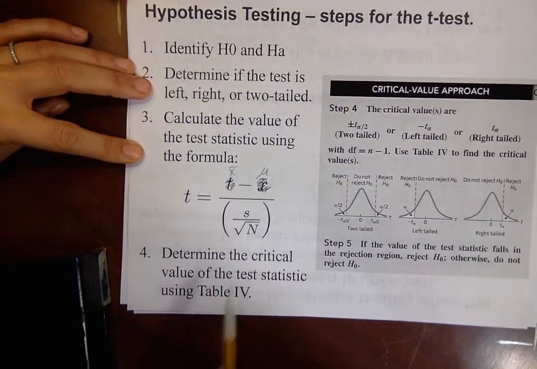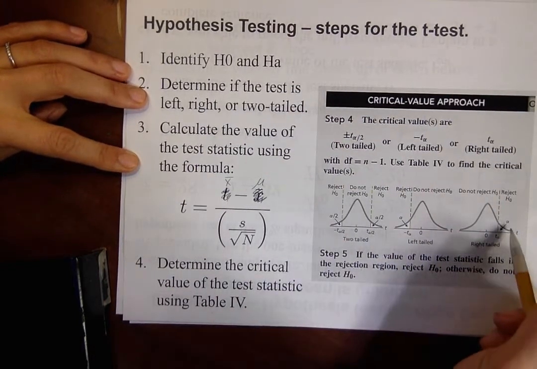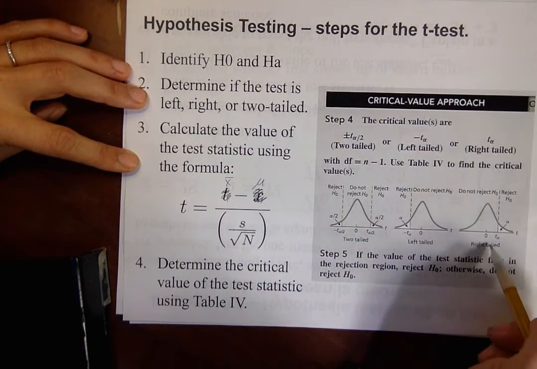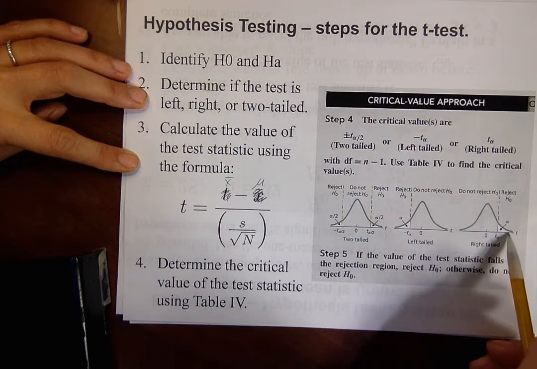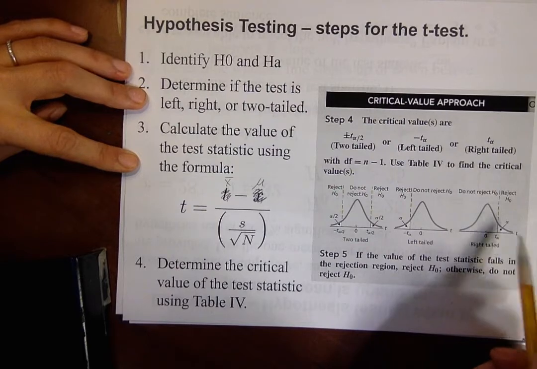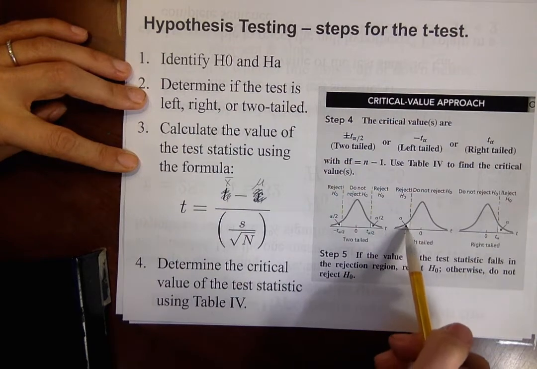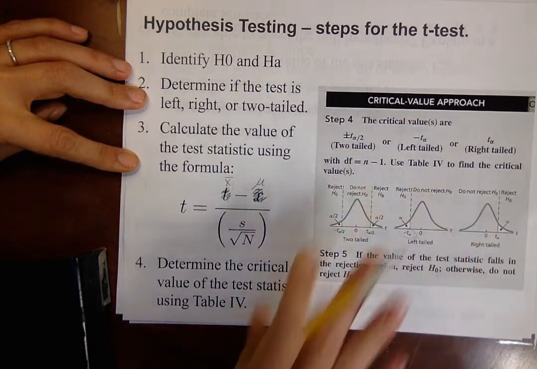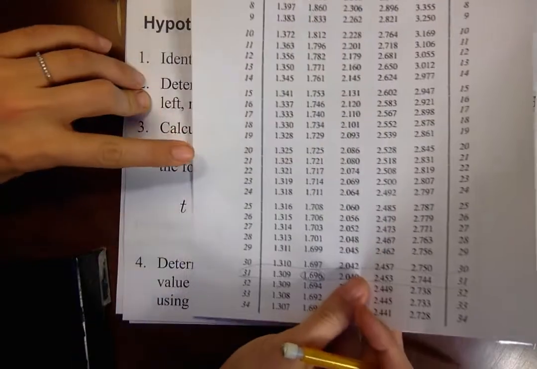And then we use the table to determine the critical value of the test statistic. I just did one for a right-tailed test, and this is what that looks like. So we had a rejection region on the right-hand side of this curve. If this was a left-tailed test, where we were looking for something less than in our hypotheses, we would use the same number.